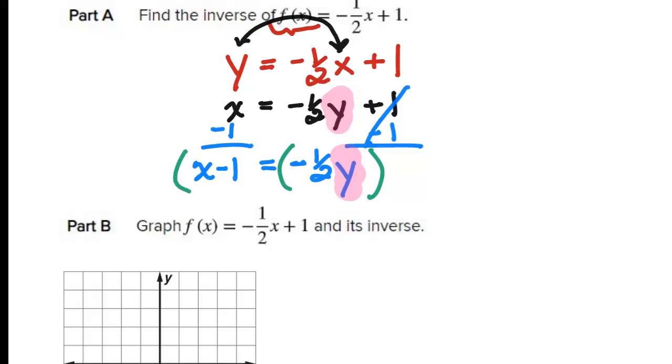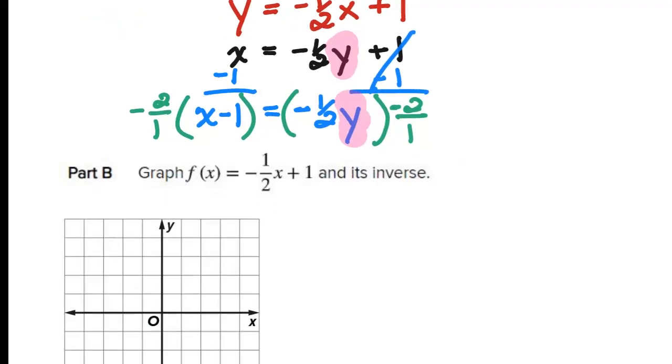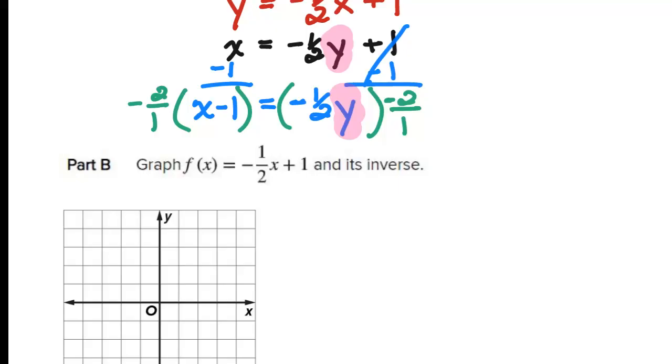That's right. I need to take the reciprocal. What is the reciprocal of negative 1/2? It's negative 2 over 1. So we have to make it negative also. So that means I need to multiply by negative 2 over 1. Oh yes, whatever you do in an equation to one side, you have to do on the other. So the 2's cancel out, the 1's cancel out.